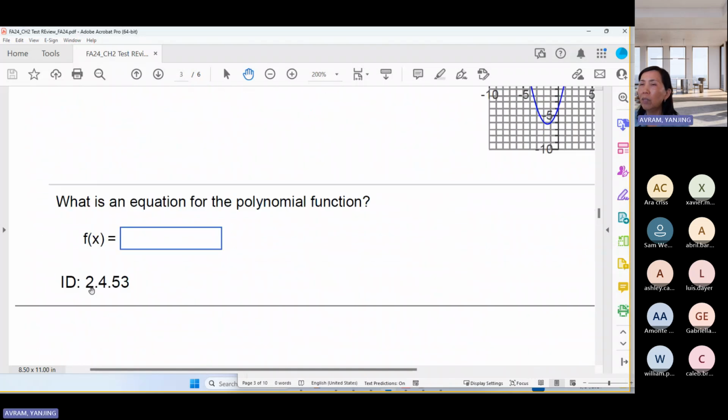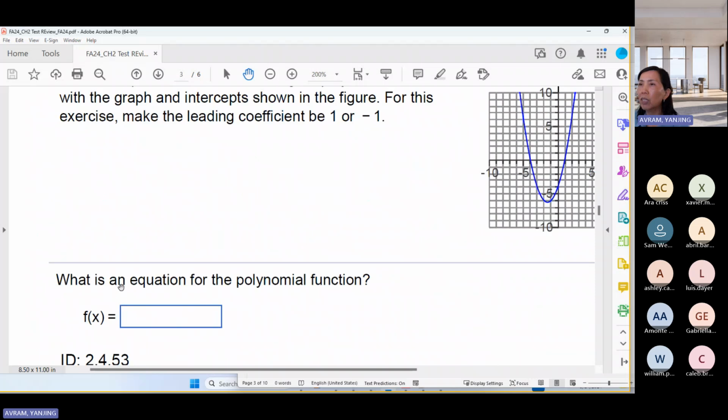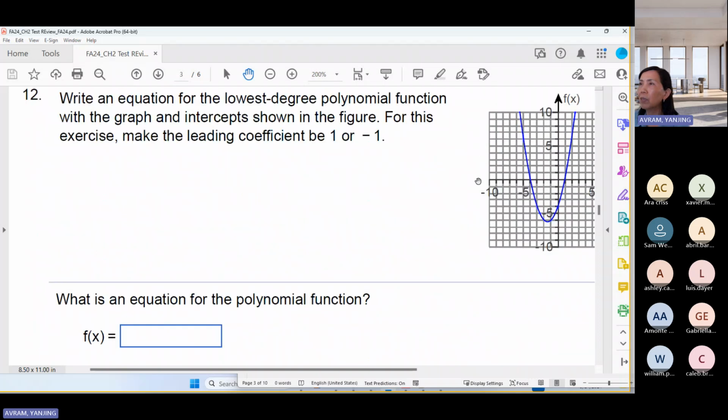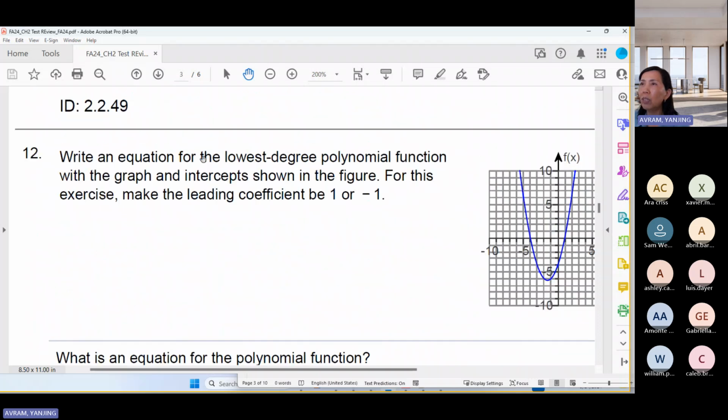This one goes back to 2.4. We said earlier, this one is similar to the one we did earlier, but facing up for the graphing. You want to write down the equation for the lowest degree polynomial function with the graph and intercepts shown in the figure. Make sure the leading coefficient is either 1 or -1.